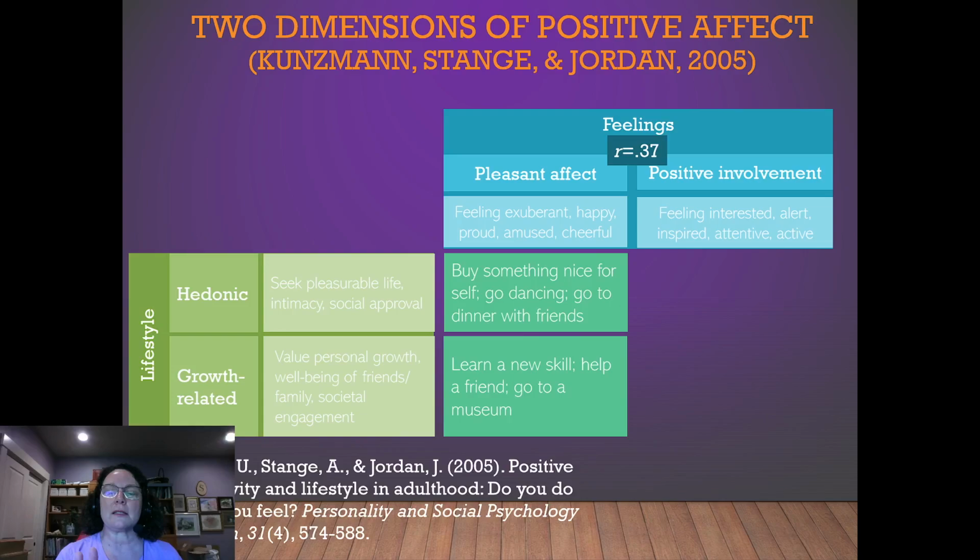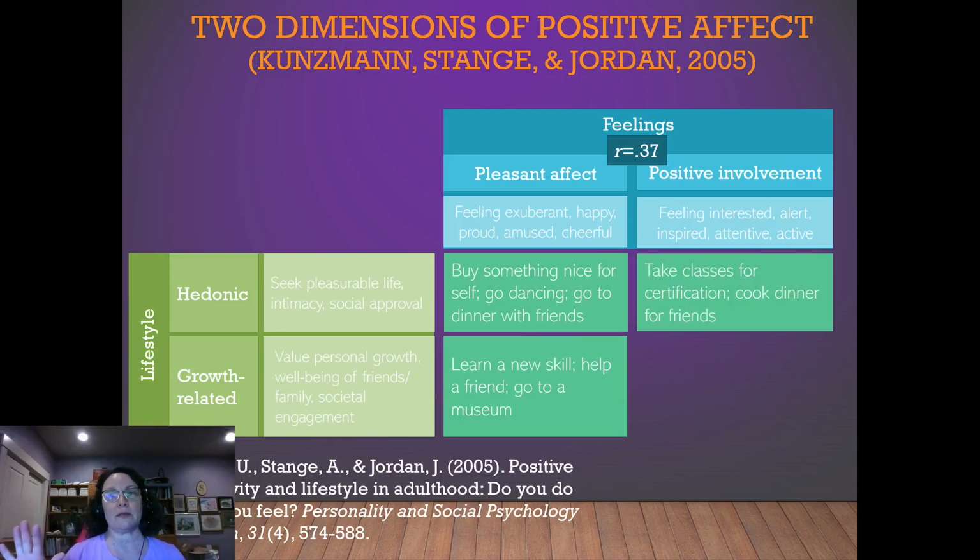Still staying under pleasant affect, but now going into the growth related lifestyle factors, we might learn a new skill, help a friend who needs us. Maybe we have a skill that they need our assistance with. Go to a museum, learn something new, right? So we have that pleasant affect component, but also an expression of wanting to grow and develop.